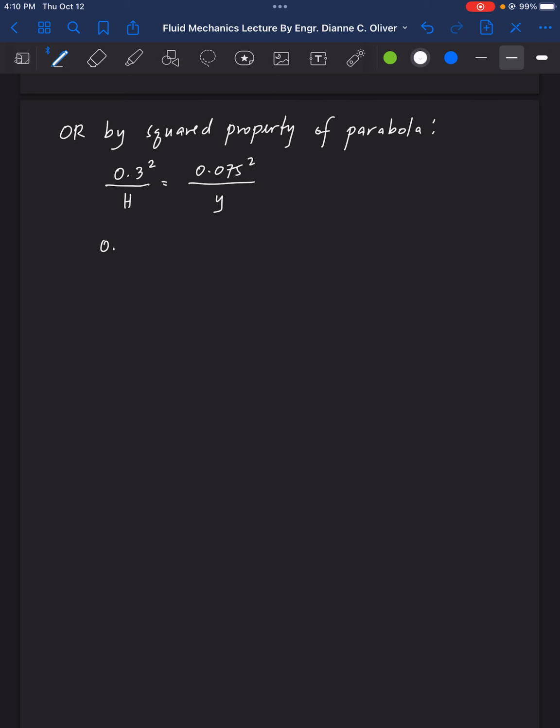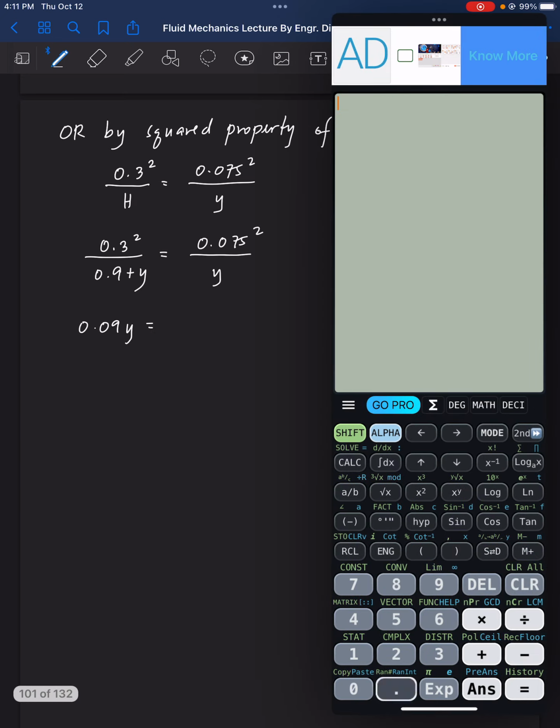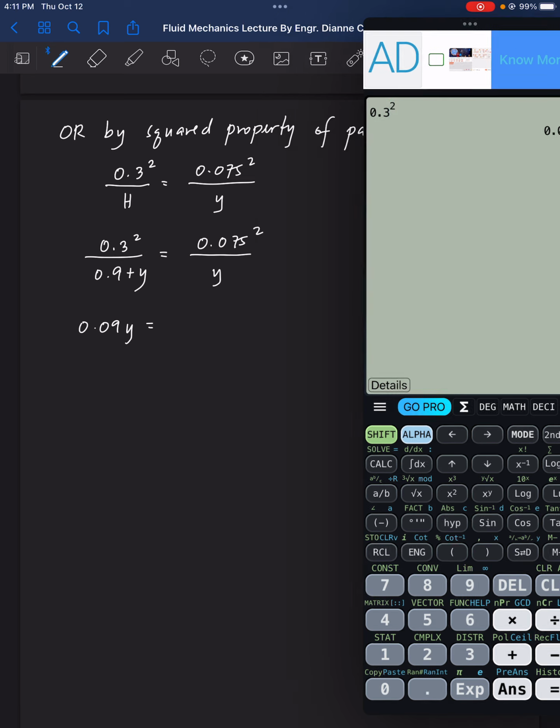So that is 0.3 squared all over 0.9 plus y, equal to 0.075 squared all over y. So 0.09, yes, it is 0.3 squared, 0.09, correct.